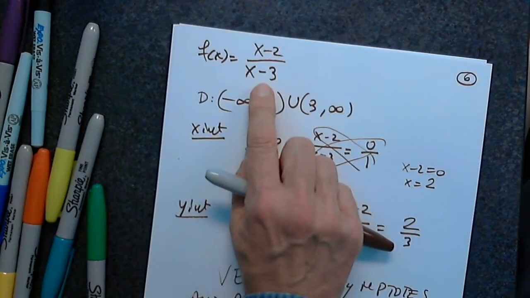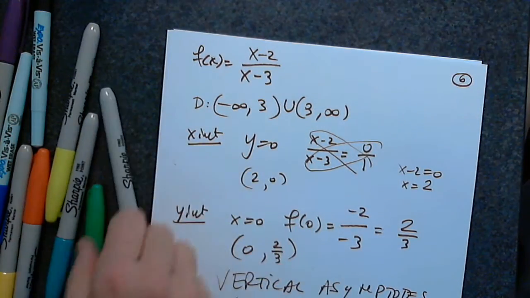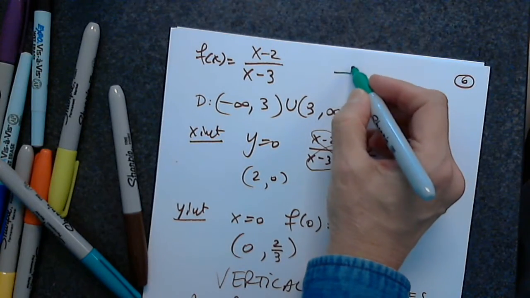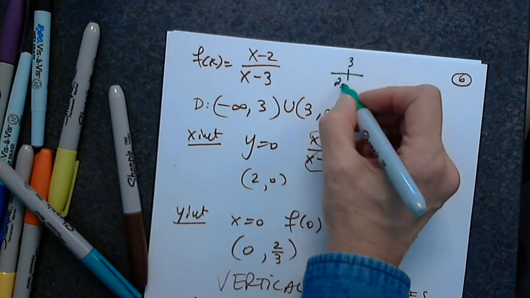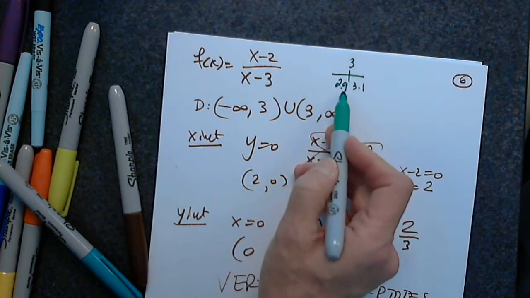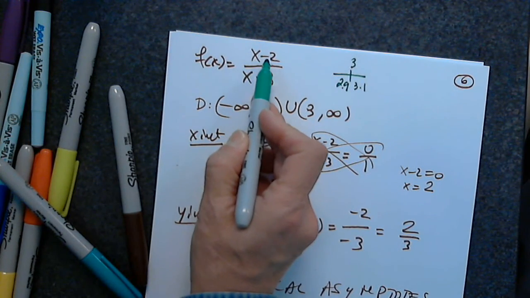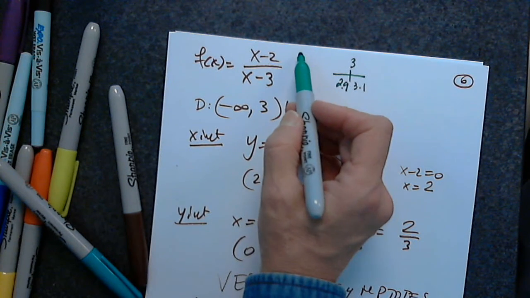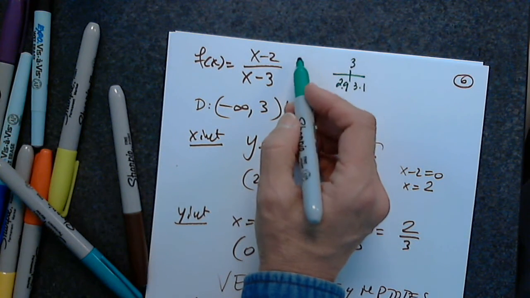I go back to the function, and I plug in a number very close to 3 from the left and from the right. So if this is 3, I'm going to plug in 2.9 on this side and 3.1 on that side. When I plug in 2.9, 2.9 minus 2, what sign do I get? Don't calculate, just give me the sign. Good.